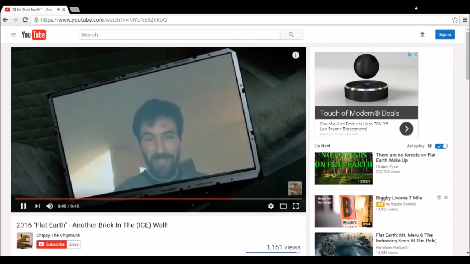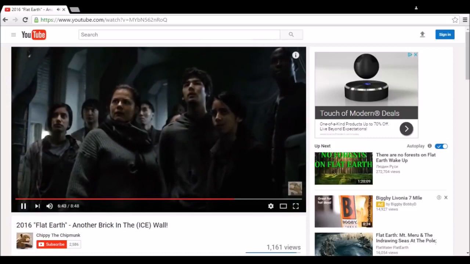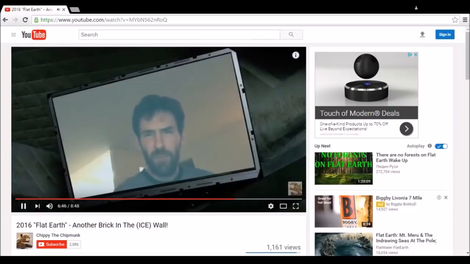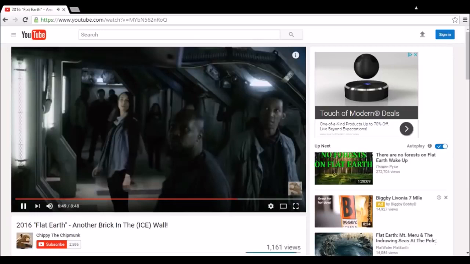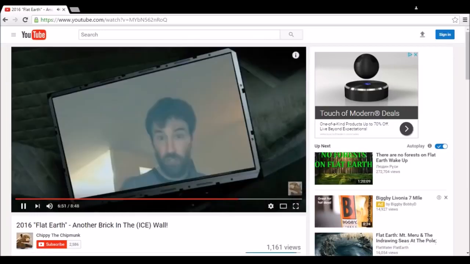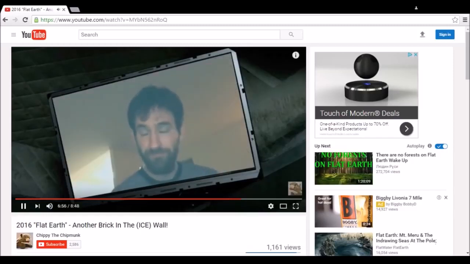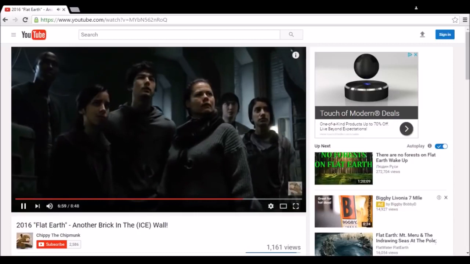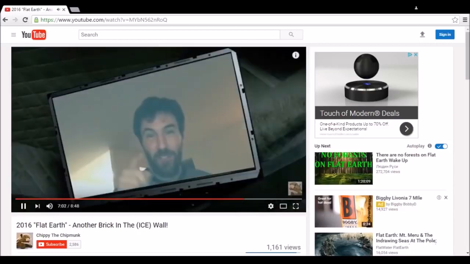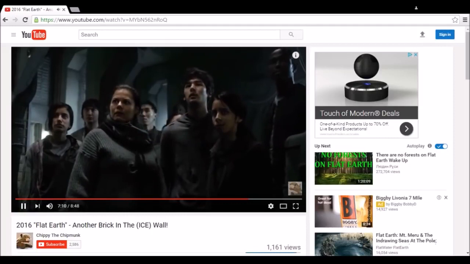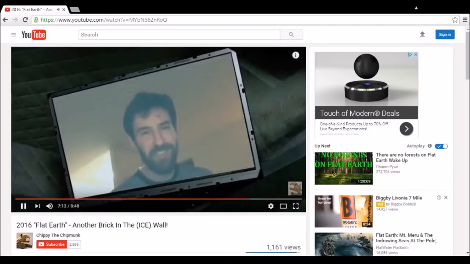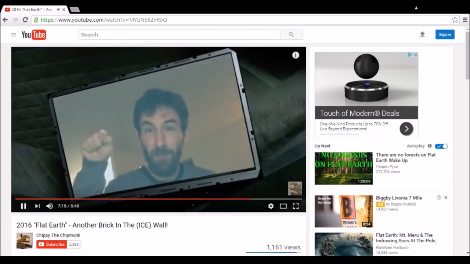If it's flat, that begs the question, hey, what the hell have you been showing us this ball for all this time? What have you been doing with our money? Did you guys go to space? Did you guys just make this up and stick us on a cartoon ball? They stole your mind. They stole my mind. They know what you believe is bullshit. They basically stole our minds and enslaved us by showing us a picture of a ball. So here's what you live on, it's a ball.